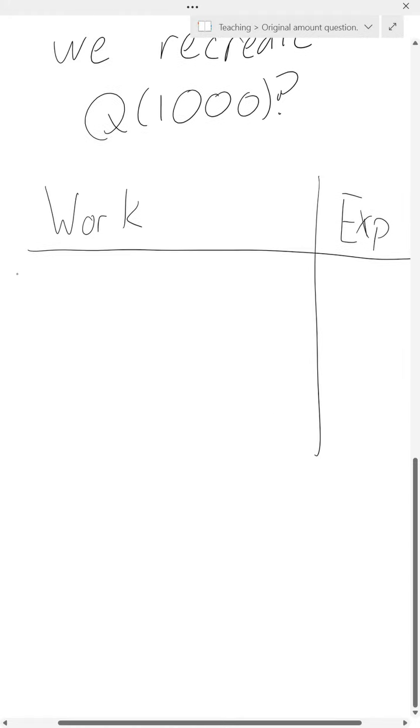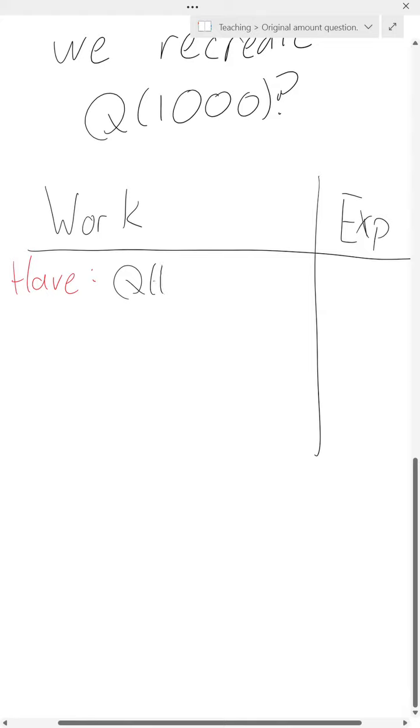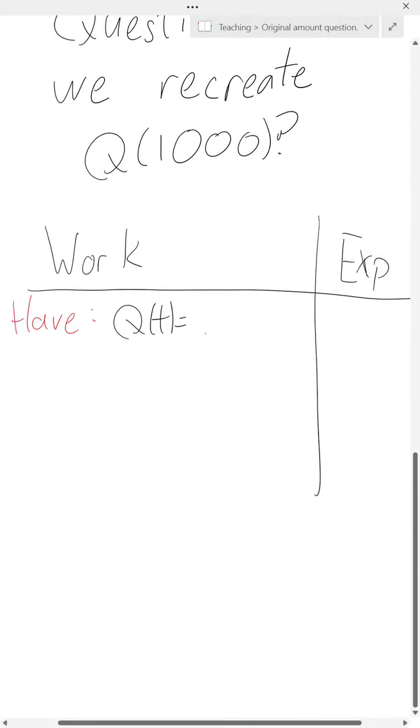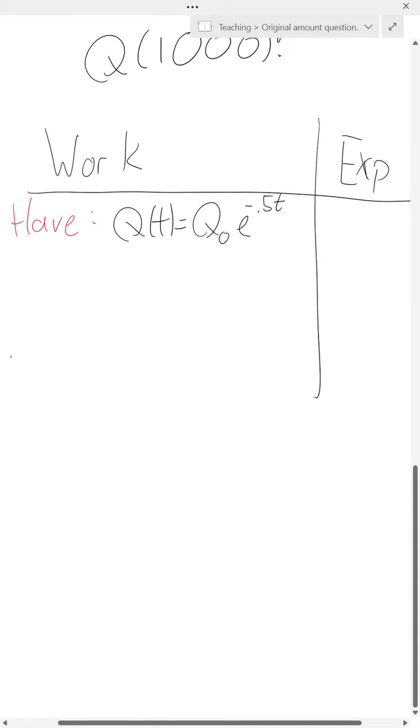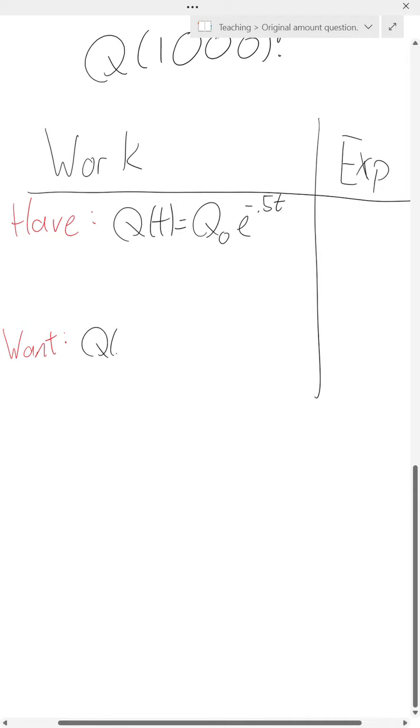So here we have Q of t equals Q naught e to the minus 0.5t, and what we want to make is Q of 1,000.